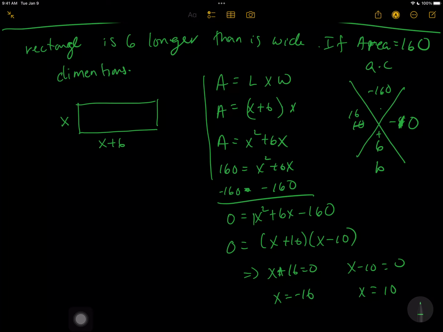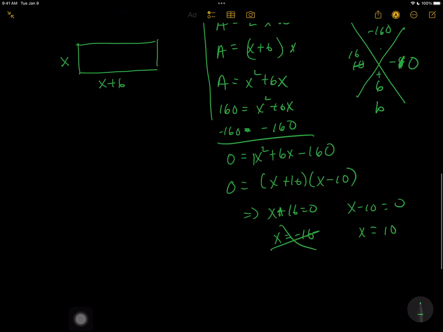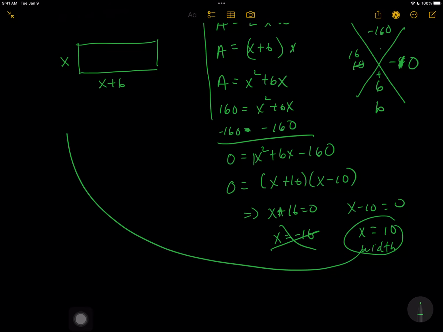But of course, x cannot equal negative 16. You cannot have a length that is negative. And so this right here is going to be my width. Therefore, the length must be 10 plus 6, which is going to be 16.